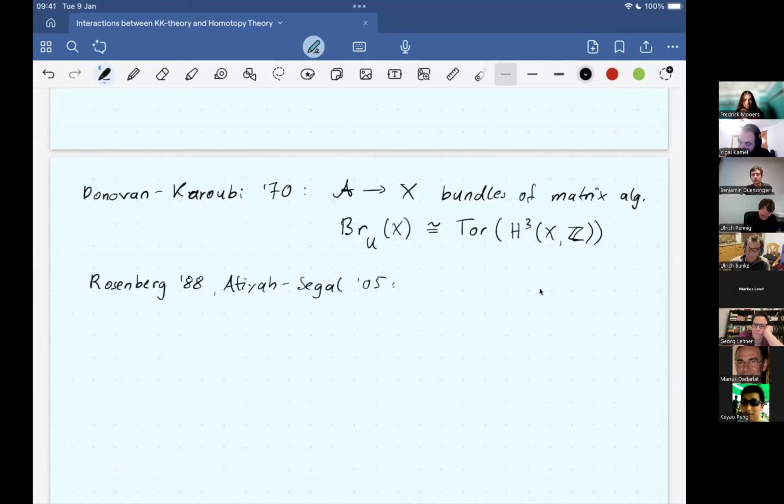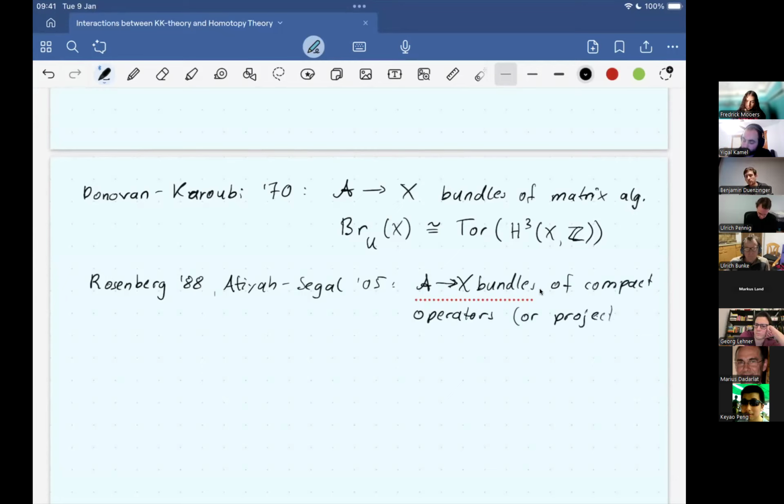they looked at bundles of compact operators, or in the case of Atiyah and Segal, bundles of projective Hilbert spaces. Projective Hilbert space bundles.